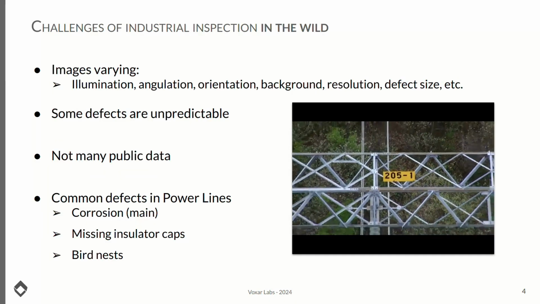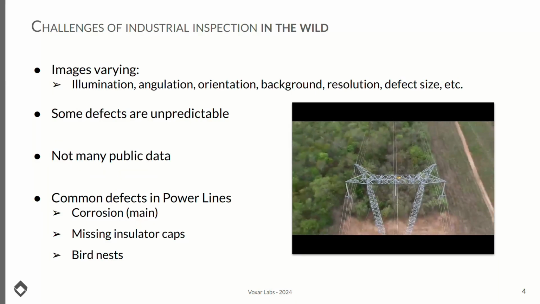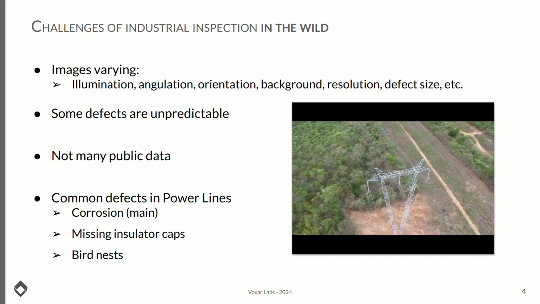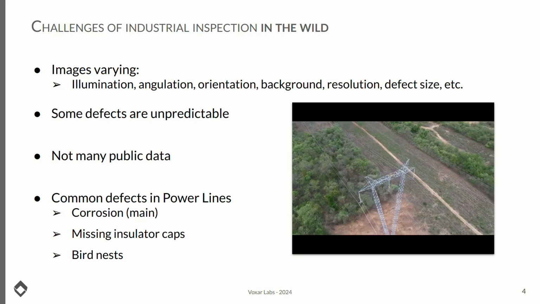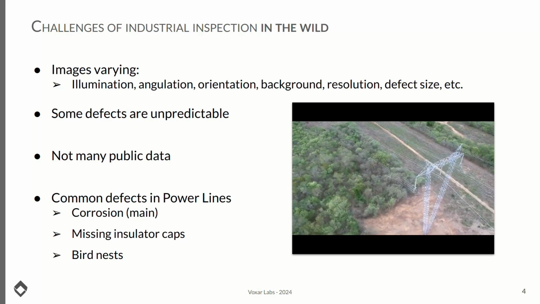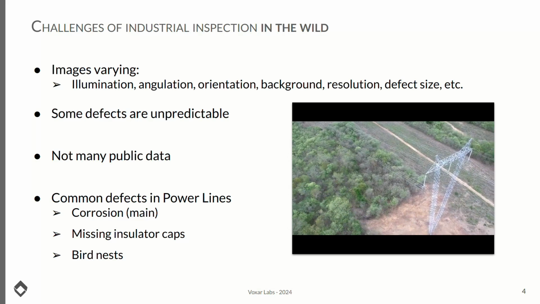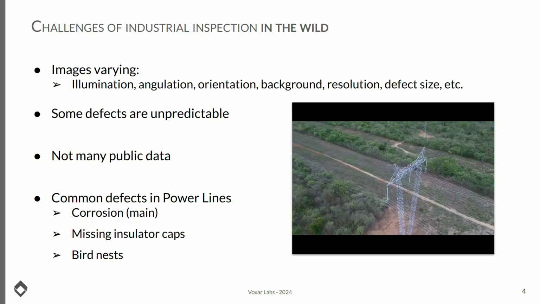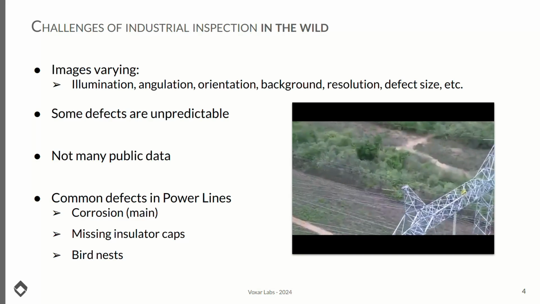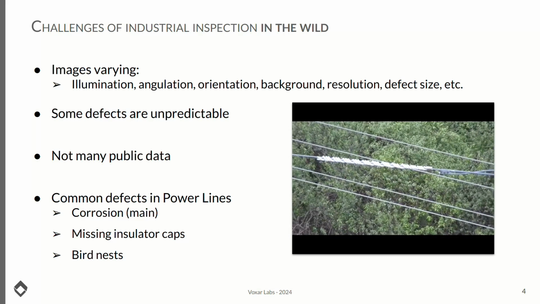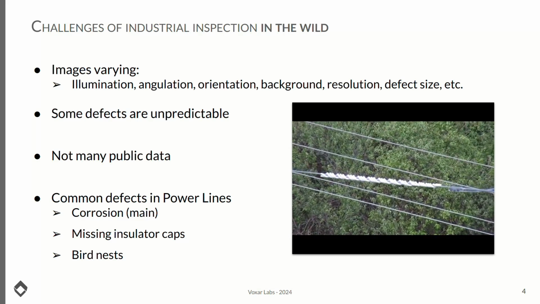For example, the challenges of industrial inspection in the wild are many. Images from those kinds of inspection vary on illumination, angulation, orientation, background, resolution, defect size, and many other characteristics. Of course, the defects in industrial inspection in the wild also are unpredictable.